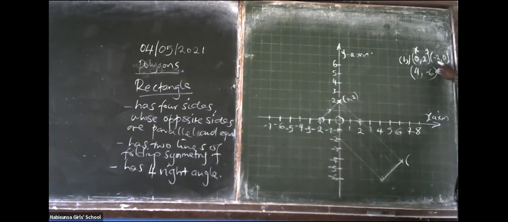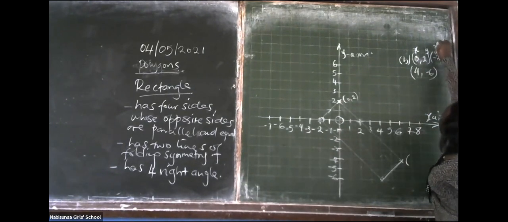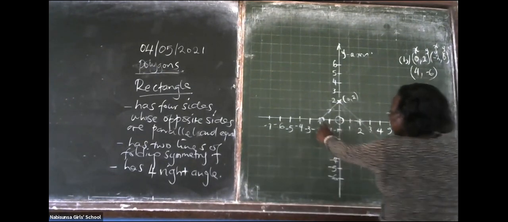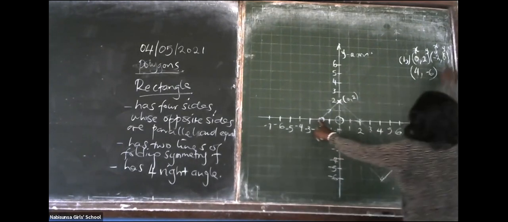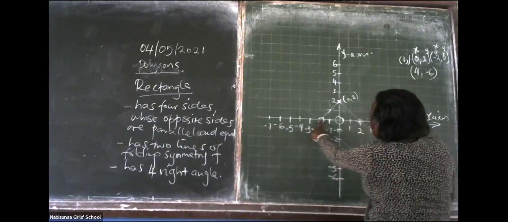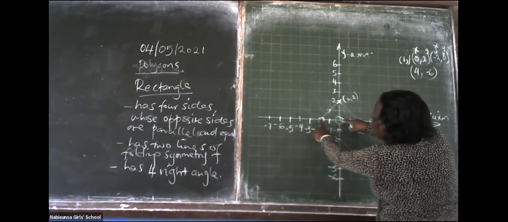Then -2, 0. Our x coordinate is -2 and our y coordinate is 0. Where do we find -2 on the x-axis? It is here. And then a 0 on the y here.